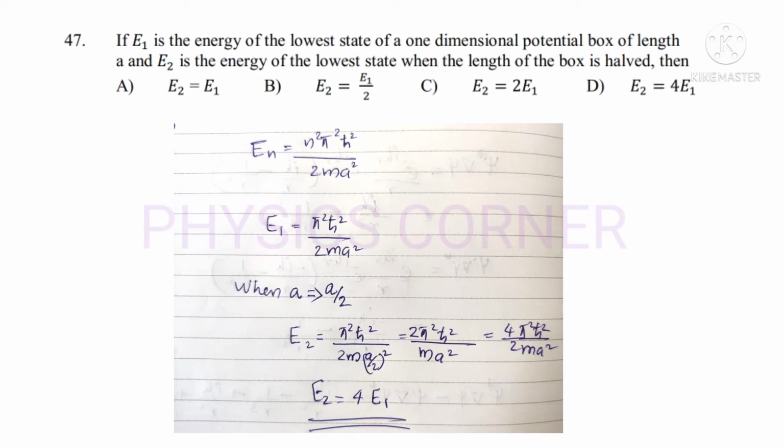Okay, so here it's given that E1 is the energy of the lowest state of a one-dimensional potential box of length A. So we can write E1 as pi square h cut square by 2ma square. That is, when n is equal to 1, that energy value is the lowest value for that state.